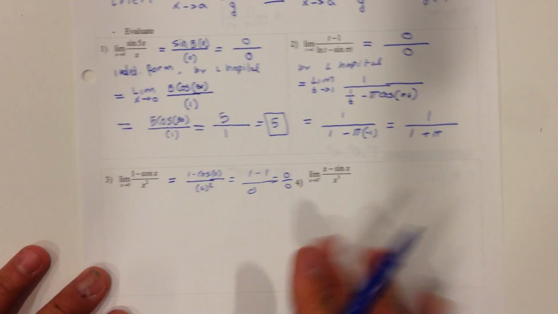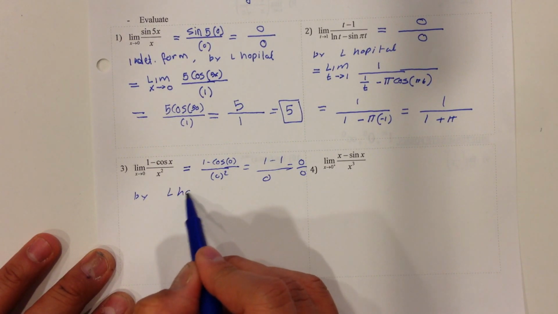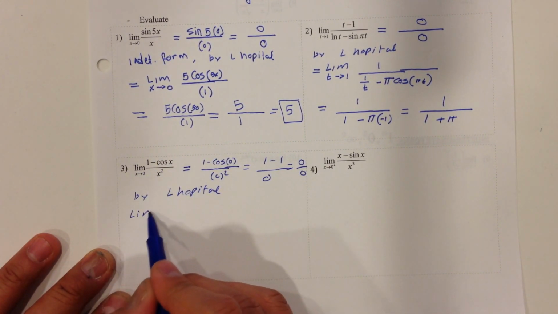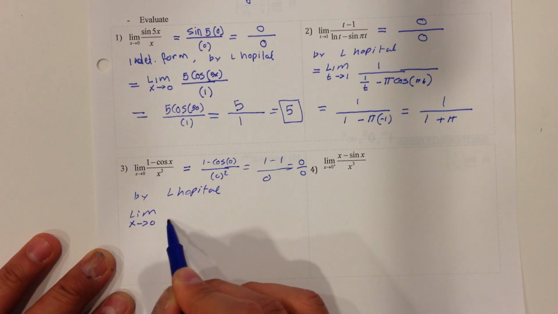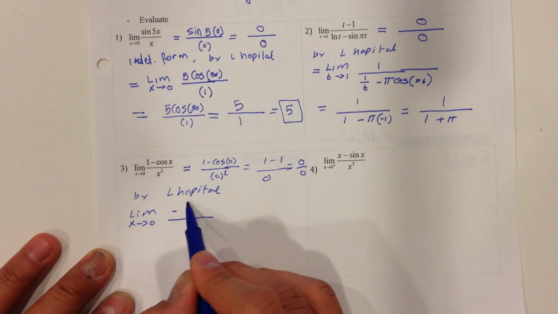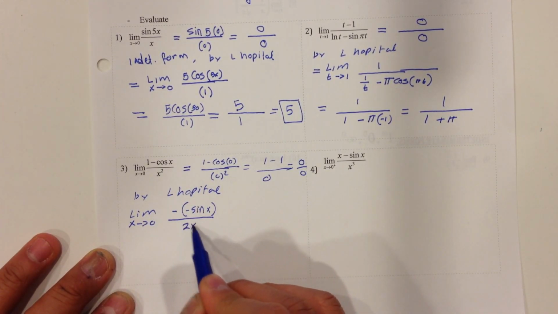That's indeterminate. So by L'Hopital, we know that that equals the limit as x goes to 0 of the derivative of that, which is going to be sine over 2x.